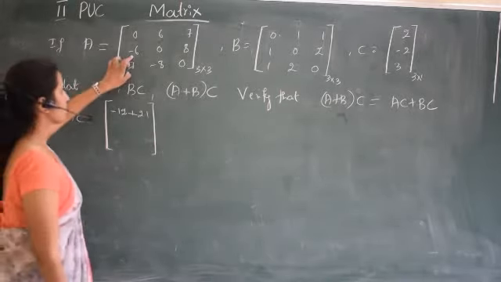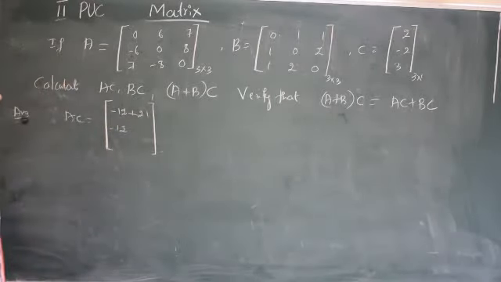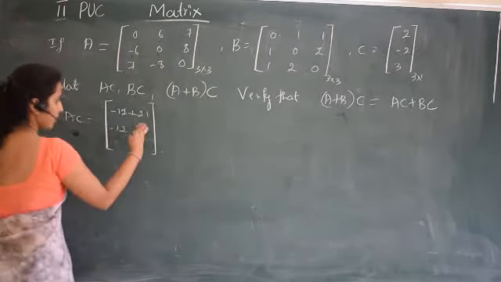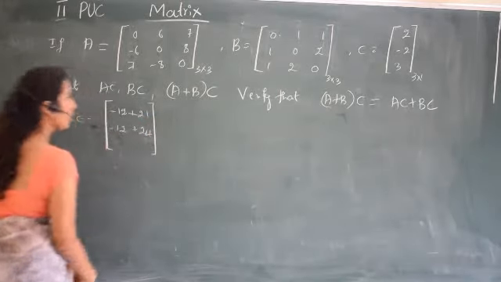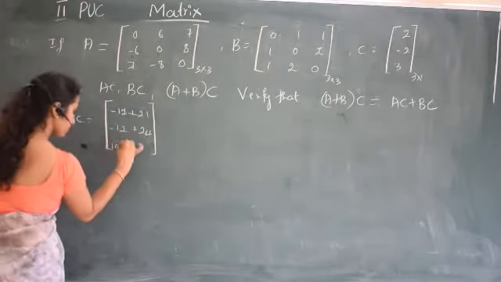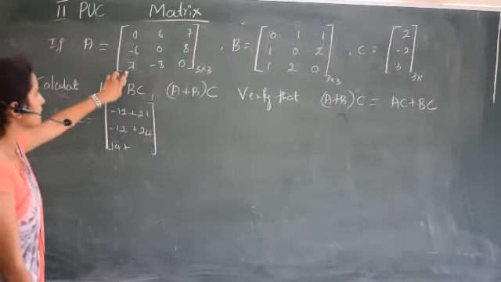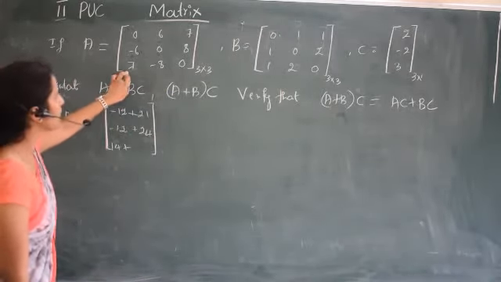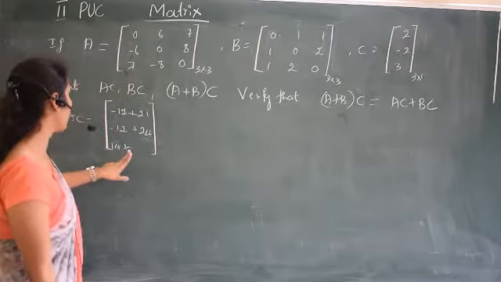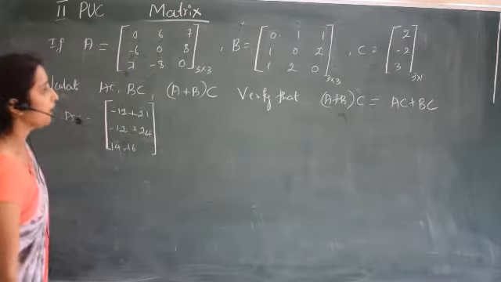Second row: minus 6 into 2 is minus 12, 0 into minus 2 is 0, and 8 into 3 is 24. Next, third row: 7 into 2 is 14, minus 8 into 2 is minus 16, plus 0.